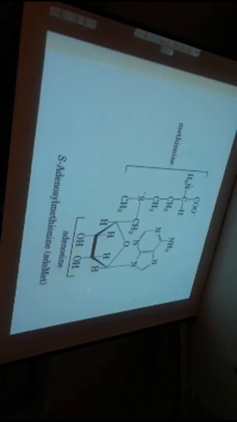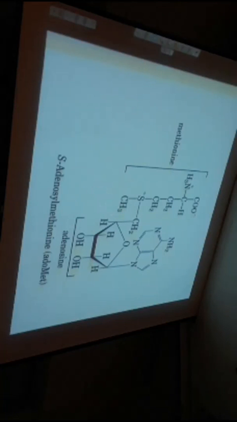So here is a classical adenosine nucleoside linked directly to methionine, and therefore it's called S because it's linked to the sulfur, adenosyl methionine. Okay, so this cofactor can actually be used by a number of enzymes to transfer a methyl group, this methyl group.